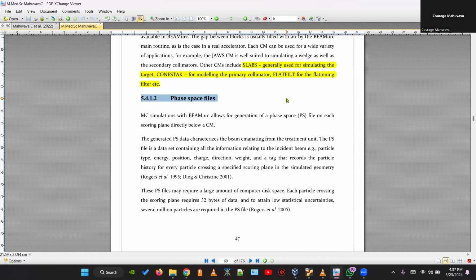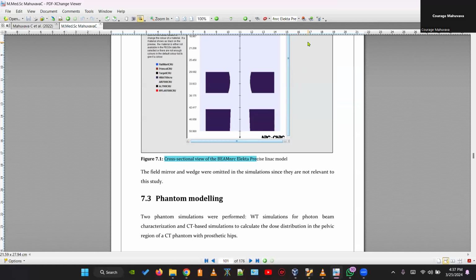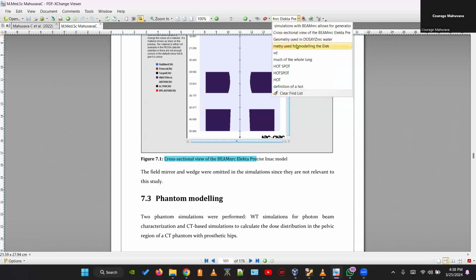This will be the output of your simulation, right? And you can choose to store your output at any location that you want in a linear accelerator. So as an example, right, let me just go back to that figure that I showed you earlier on. What is it? I think it's here.